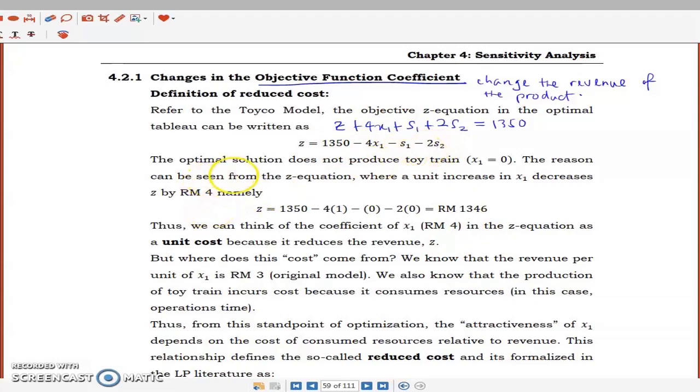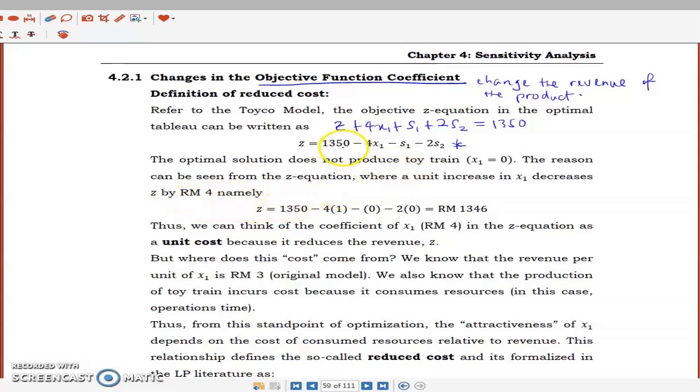From the optimal tableau, we can see that there is no production of toy trains, okay, since X1 is 0. The reason can be seen from the Z equation, where a unit increase in X1 decreases Z by 4 ringgit. Okay.